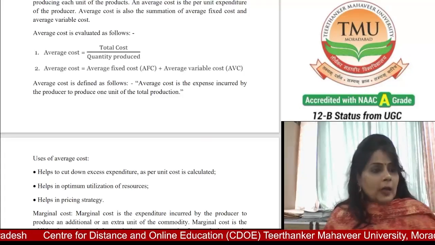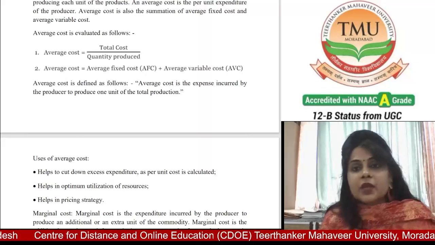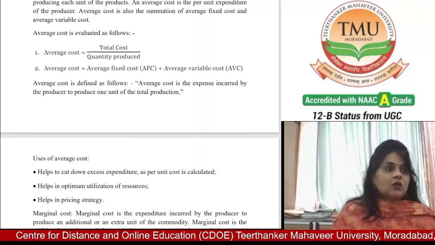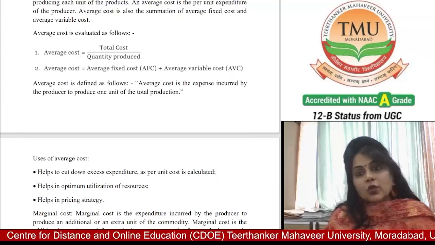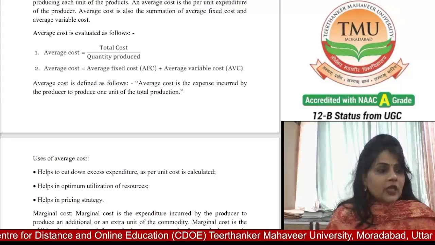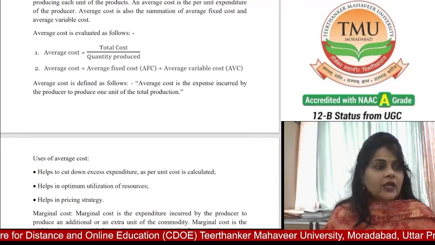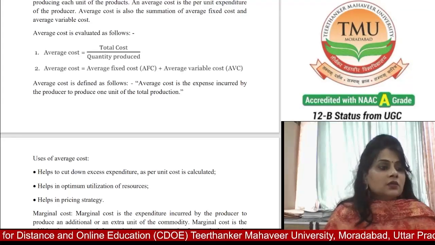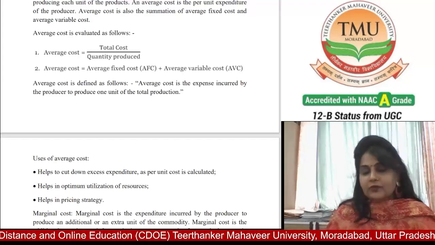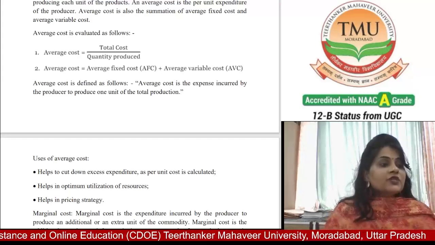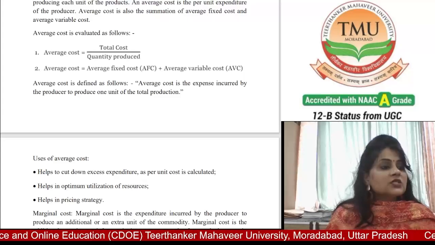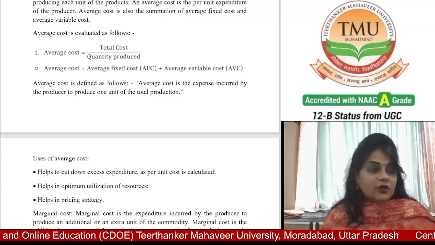It explains the average cost, the relationship between cost and the output in a more realistic manner. From total fixed cost, total variable cost, and total cost, we can take three kinds. Average fixed cost, in the average cost, we can also study average fixed cost and average variable cost.